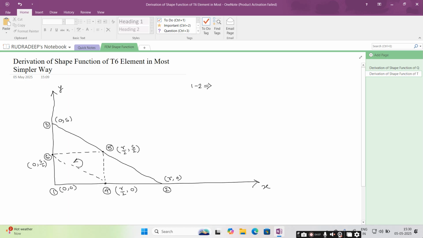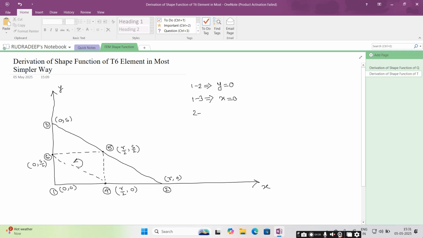For line 1 2, this line is on the x-axis, so the equation of this line will be y equal to 0. And for the line 1 3, the equation of this line will be x equal to 0 as it is on the y-axis.